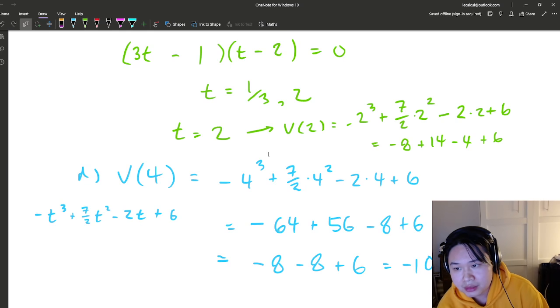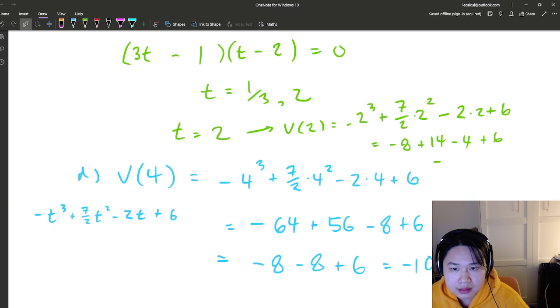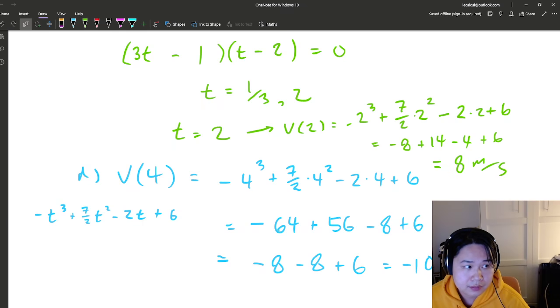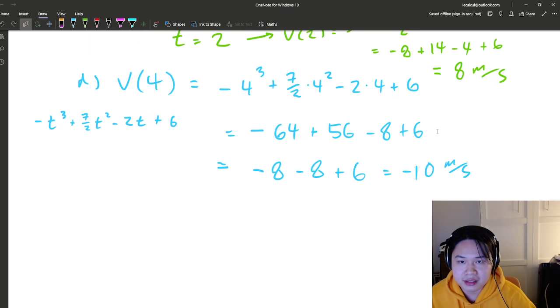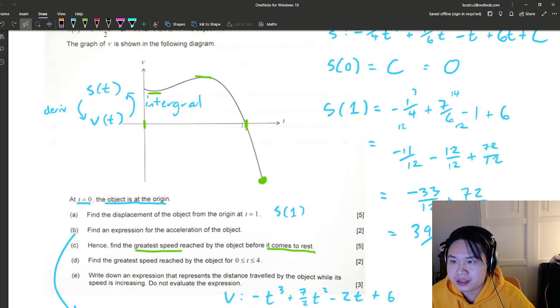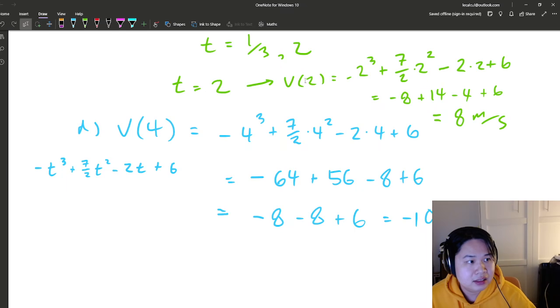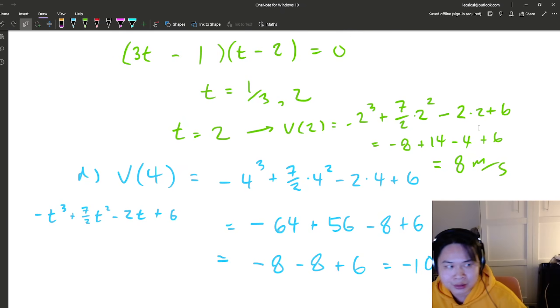So I plug in 2 into my velocity function again, and then I do some calculations. What's 16 minus 8? 16 minus 8 is 8, right? Okay, so there you go. The fastest that it goes before it comes to rest here is this number. So that should be when the time is 2 seconds in, and then you plug in 2 and you get 8 meters per second.